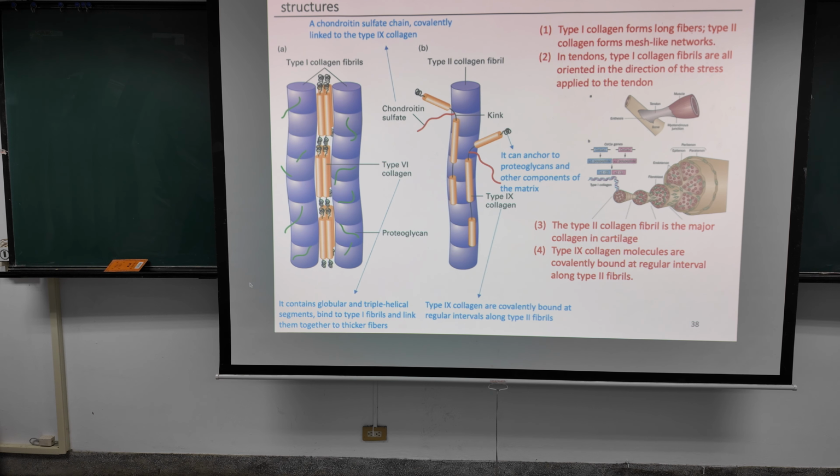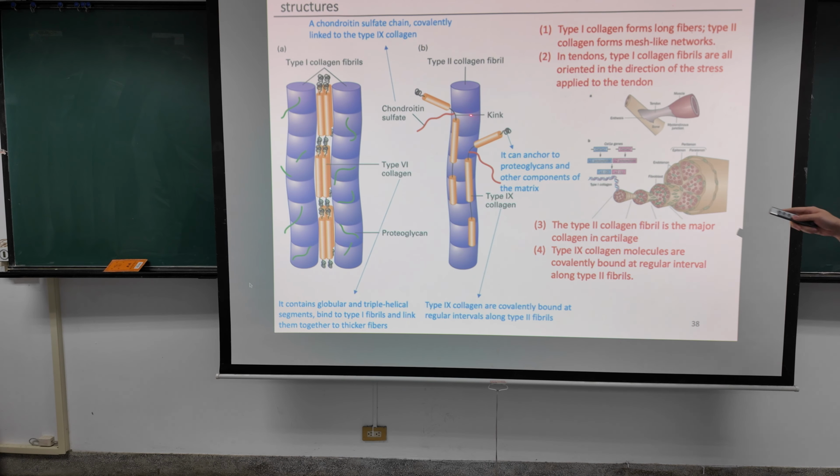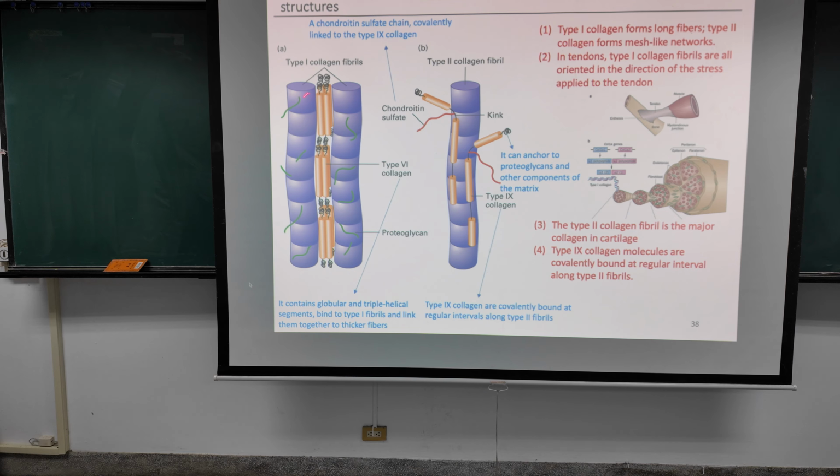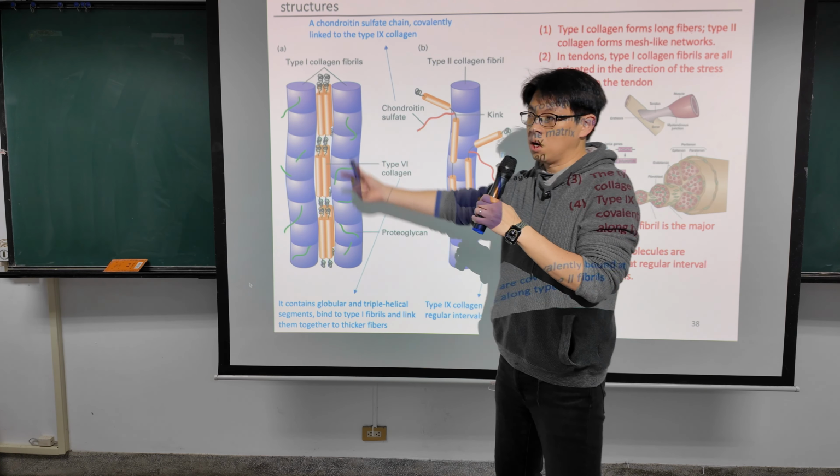Because type 1 collagen, this will be the type 1 collagen fiber, will bind with the type 4 collagen, which has this streak pattern. So after a while, those two collagens will form the long fiber overall.